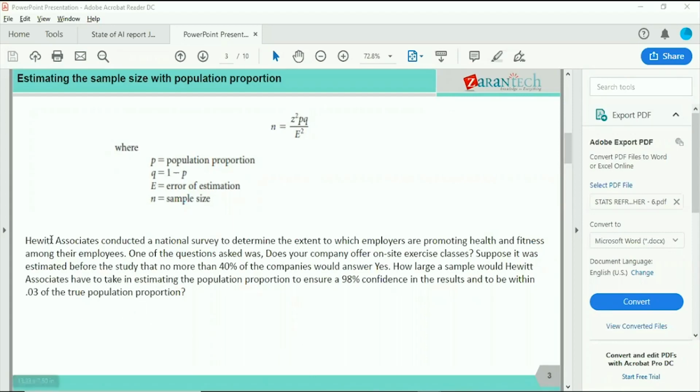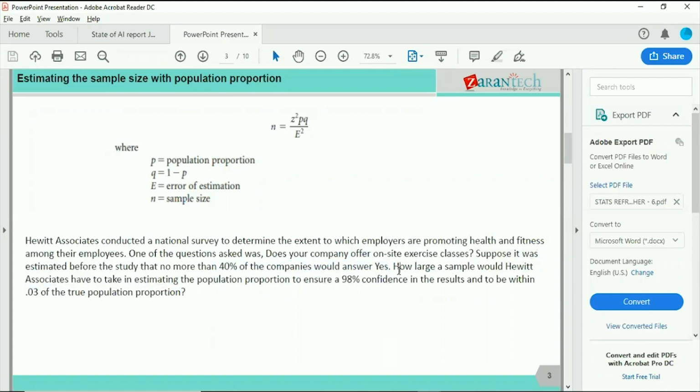Let me read the question. Hewitt Associate conducted a national survey to determine the extent to which employers are promoting health and fitness among their employees. One of the questions asked was, does your company offer on-site exercise classes? Suppose it was estimated before the study that no more than 40% of the companies would answer yes.